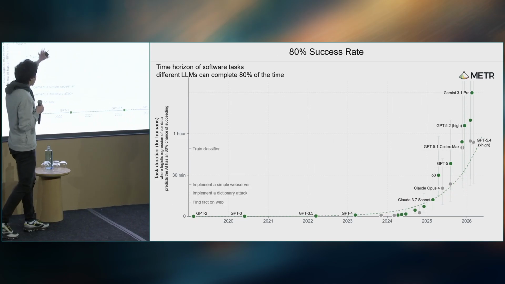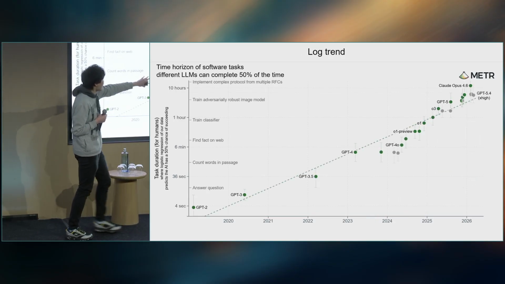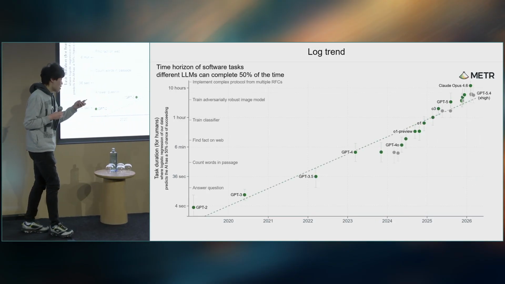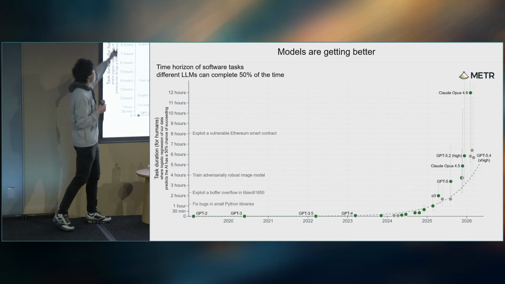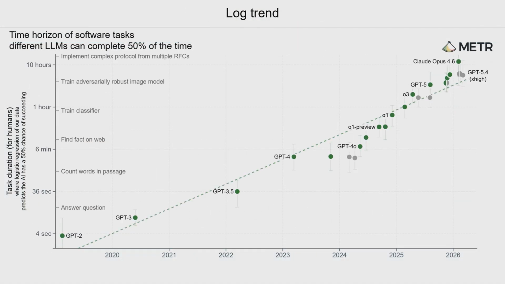This is actually a log trend. Previously, this plot was a linear scale for time, but we actually see exponential progress. The trick is you log the y-axis. If you log the y-axis, you see a linear trend, which is much clearer.